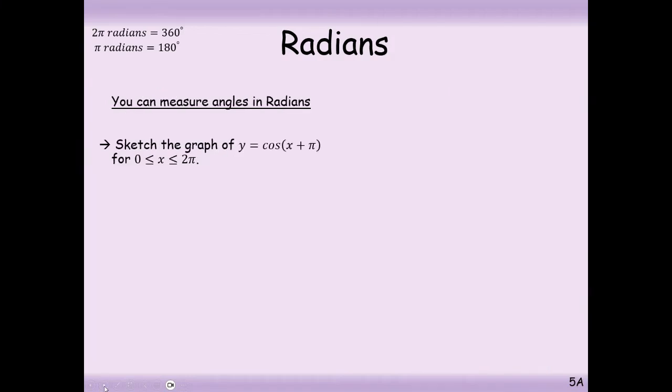With this equation, you have to sketch a graph for cos of (x plus pi). If I jog your memory, what the pi inside the bracket does is shift the curve horizontally by pi.